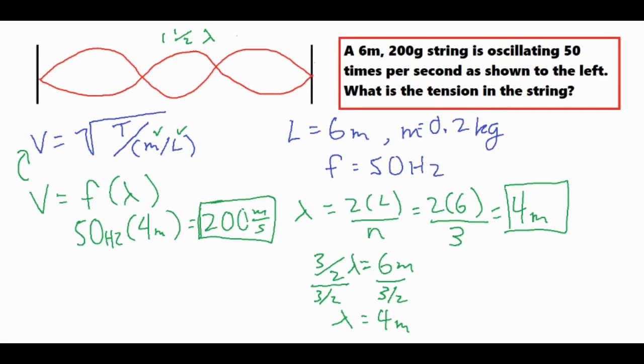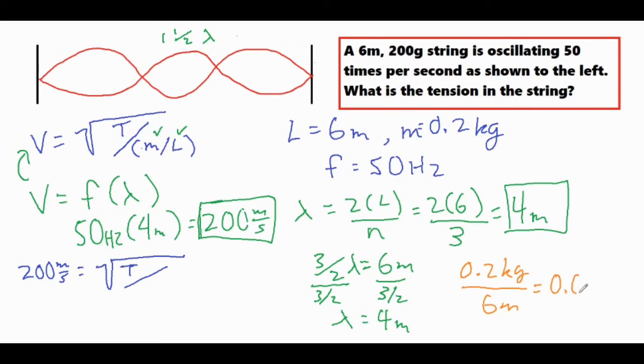And then we can go ahead and do our final step. So we have 200 meters per second equals the square root of the tension divided by the mass over the length. So let's go ahead and do a quick little side calculation of the linear density, 0.2 kilograms divided by 6 meters of length.